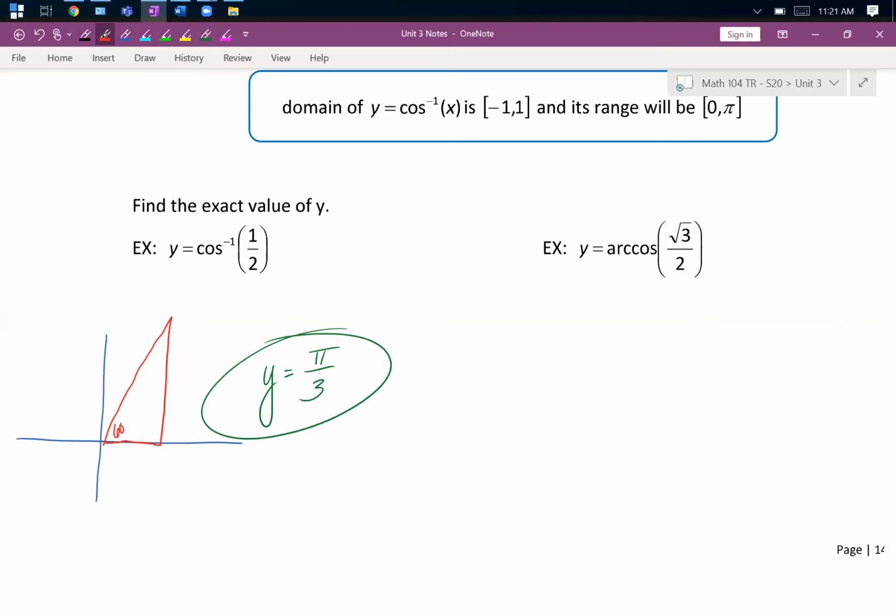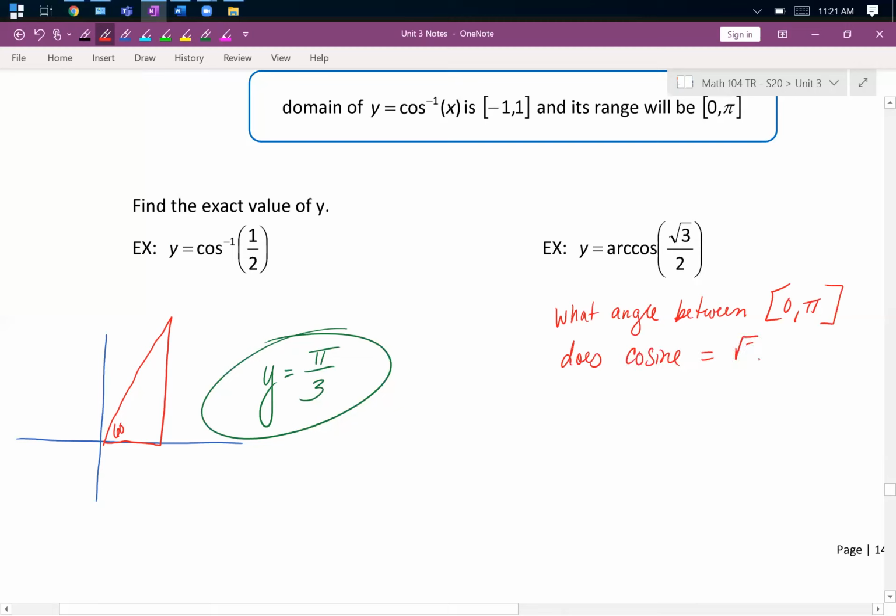Next, we have y equals arc cosine of square root of 3 over 2. Here, I'll write out the words like I did with sine. It's asking what angle between 0 and pi does cosine equal positive square root of 3 over 2.